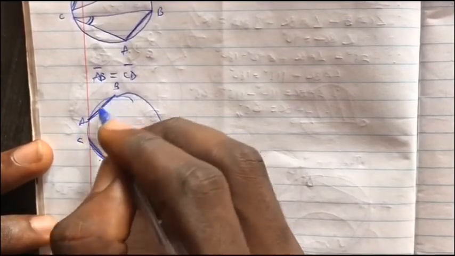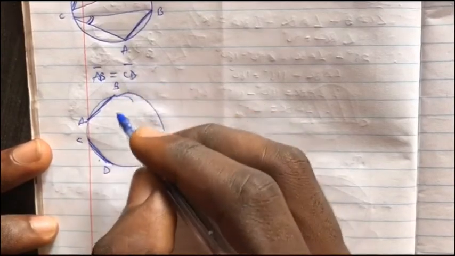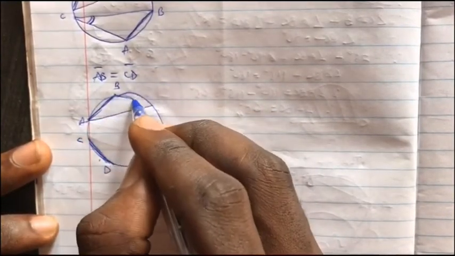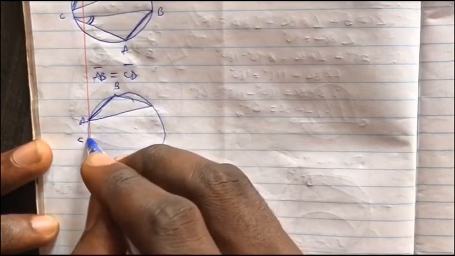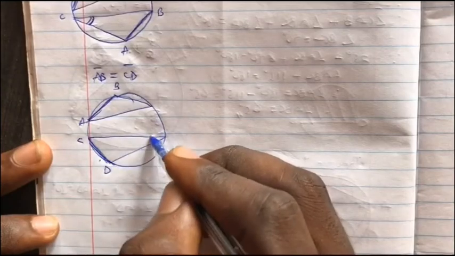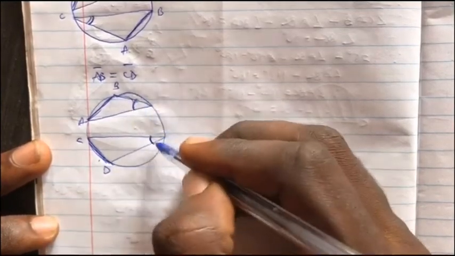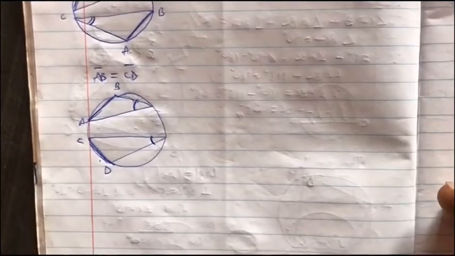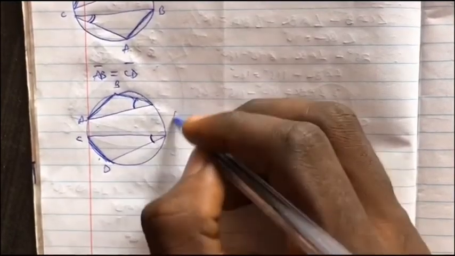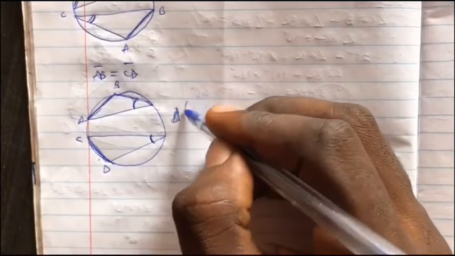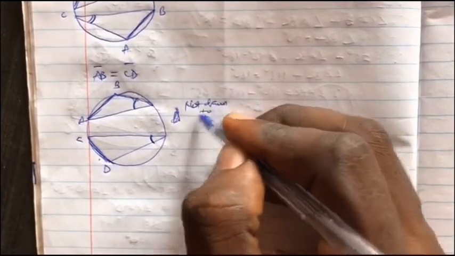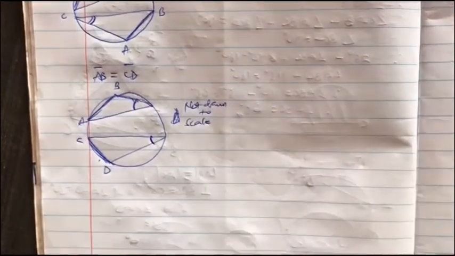We are saying that provided AB is equal to CD, then the angles that each chord subtends at the circumference will be equal. So this angle is equal to that angle. I hope we understand, okay? This is not drawn to scale, so I'll draw that to scale to see whether that is true.